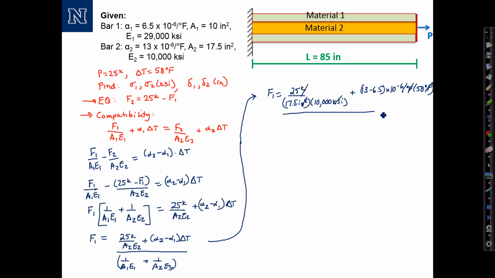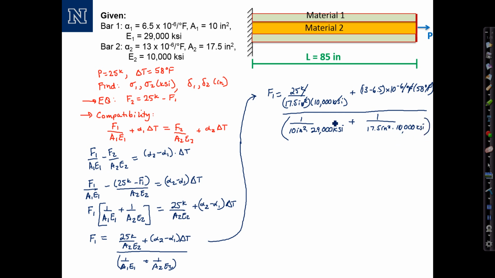This is all divided by 1 over A1 E1, 10 inches squared, times 29,000 KSI, plus 1 over 17.5 inches squared, times 10,000 KSI. Okay?